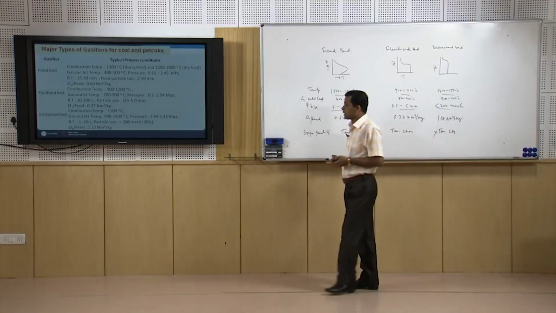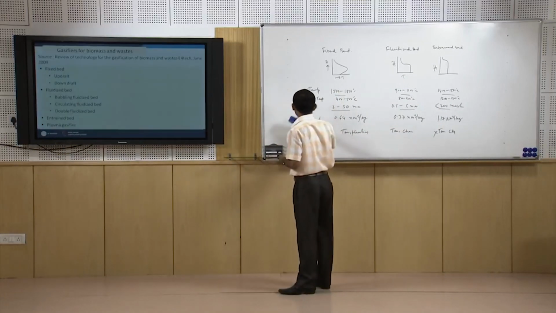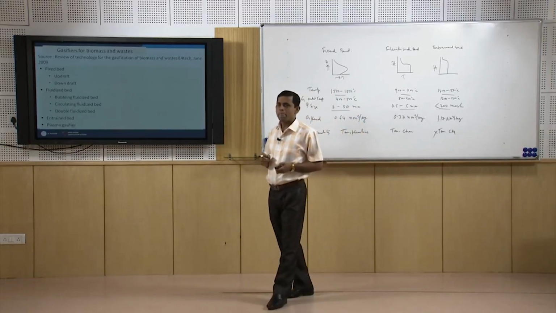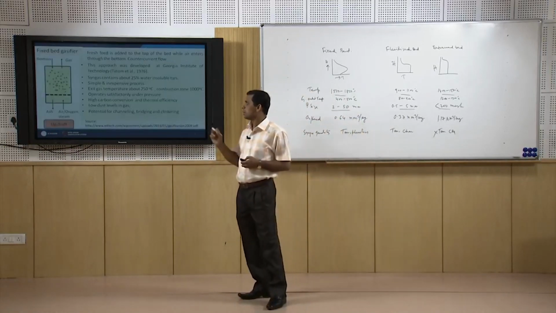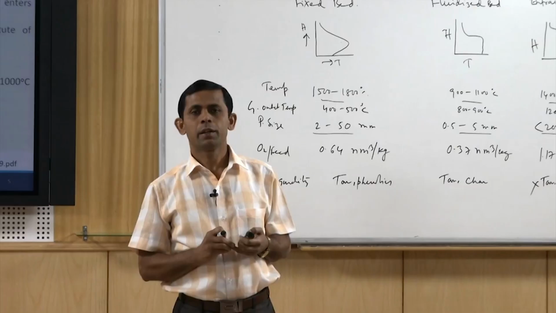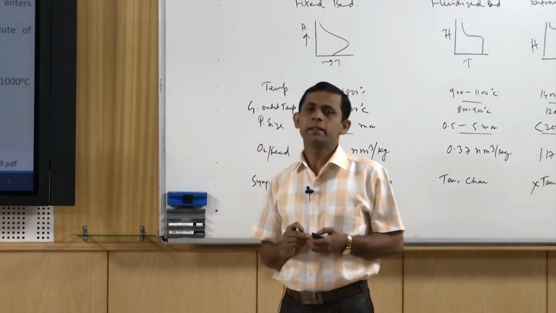Now, we will discuss different types of gasifiers for biomass and waste. The first gasifier for biomass and waste gasification is of fixed bed type, and fixed bed gasifier is divided into two types, that is updraft and downdraft.